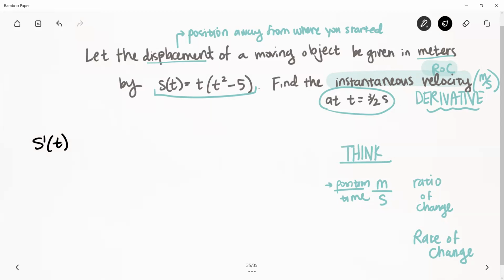Now, if I look at what I have here, this is not in the form for power rule, because I need everything to look like a number times t to some power.